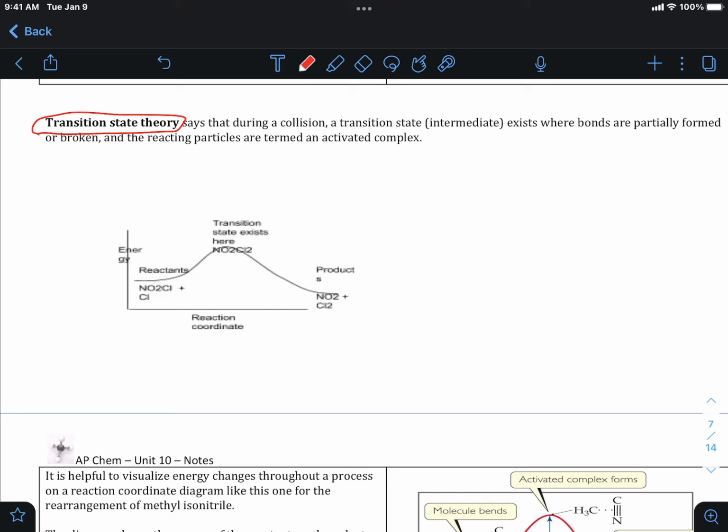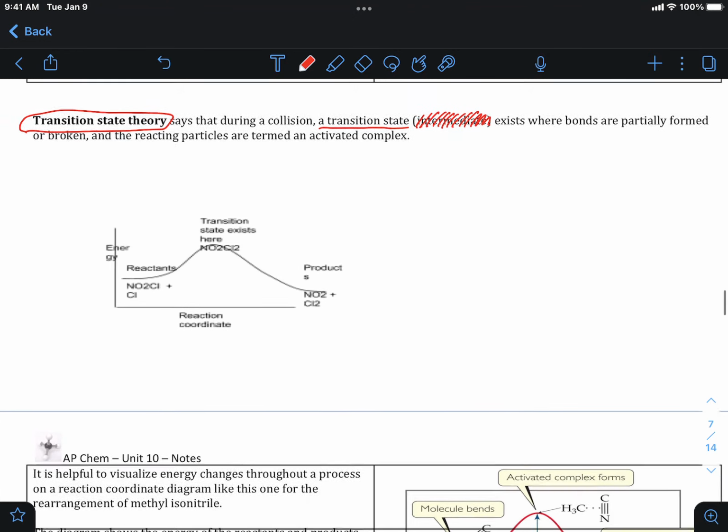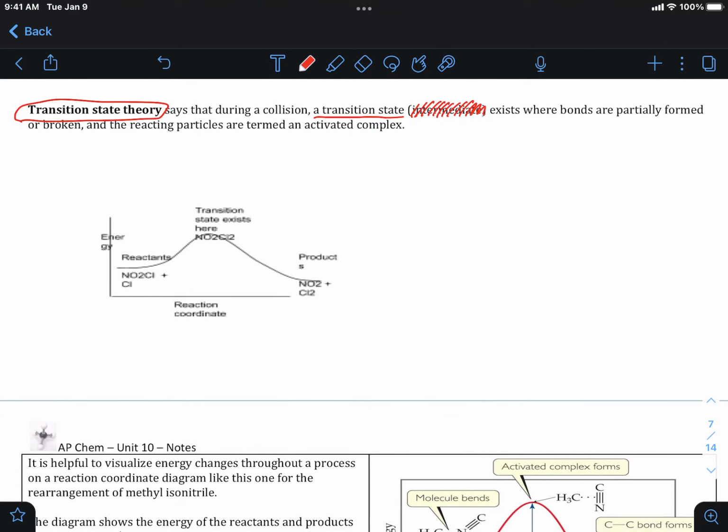So transition state theory says that during a collision, there's a transition state where bonds are partially formed and broken, right? And that term is called an activated complex.